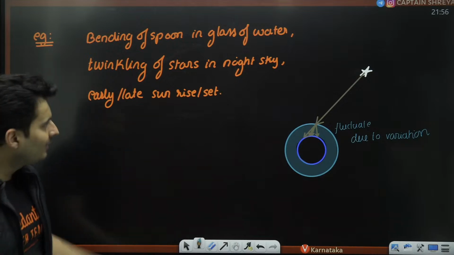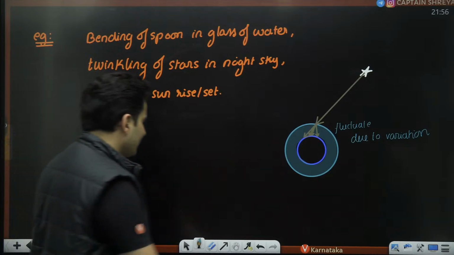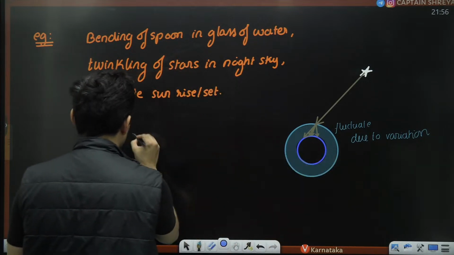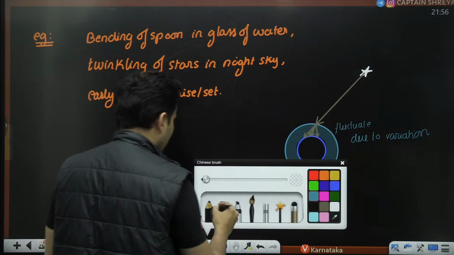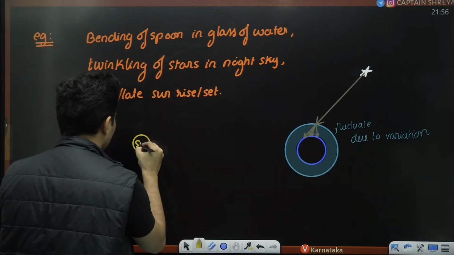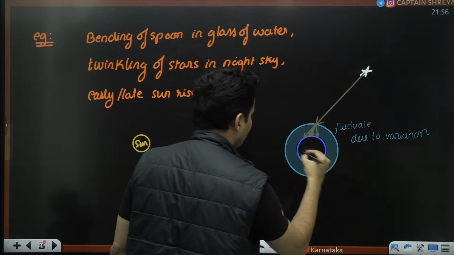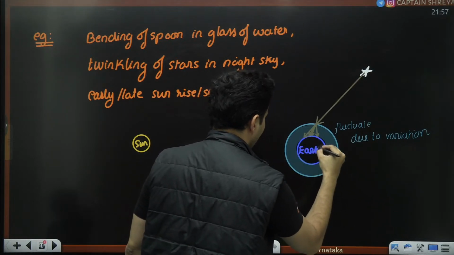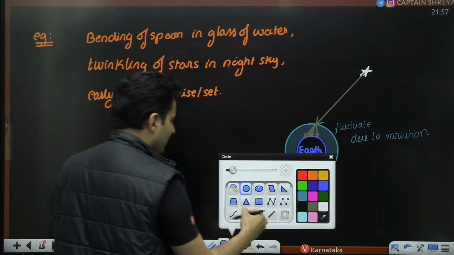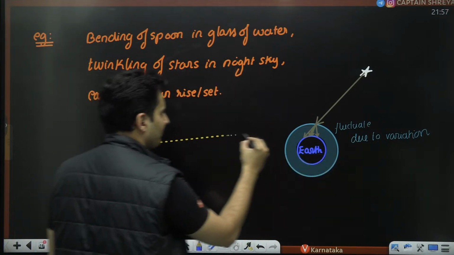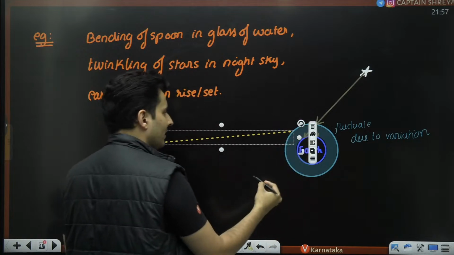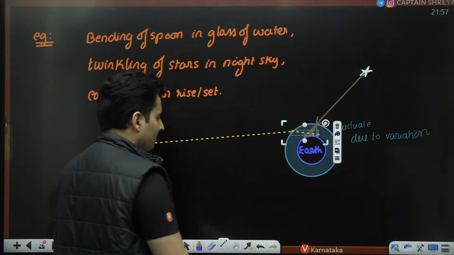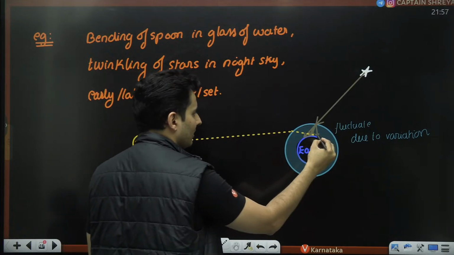Correct. Even the early sunrise and late sunset is because of that only. See, the sun might be here. Example, this is the sun. By the way, this was the earth. So what will happen is the rays from the sun, when they enter the earth's atmosphere, will get refracted due to the air, and they will come and meet the person standing on the earth like this.